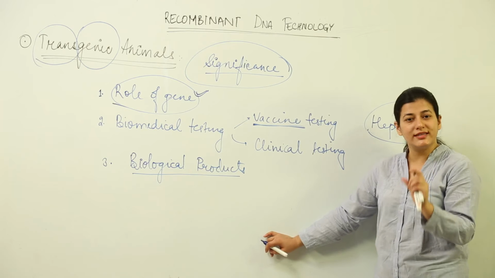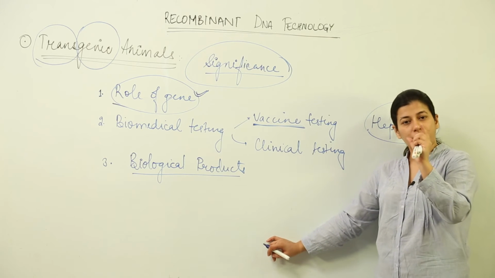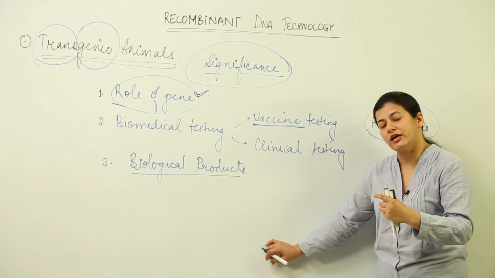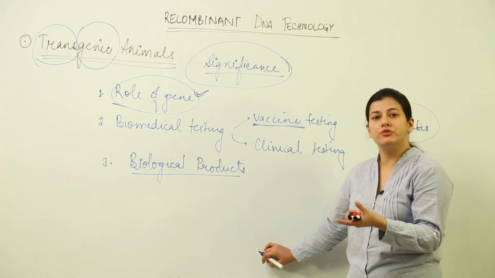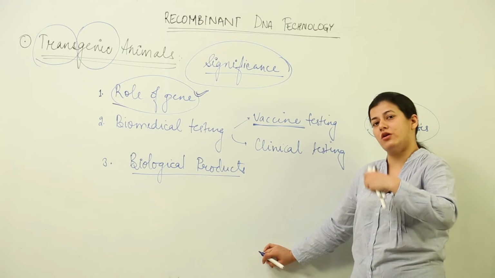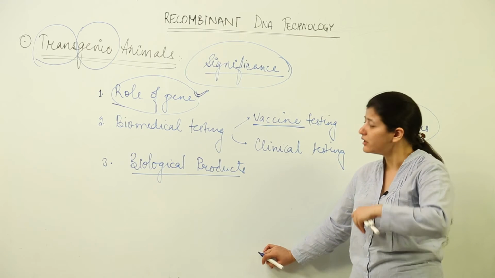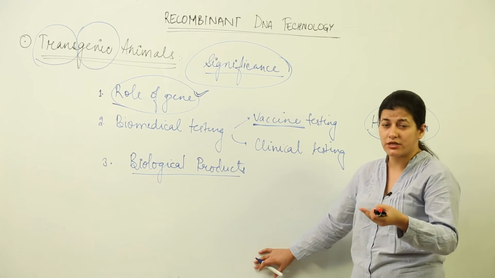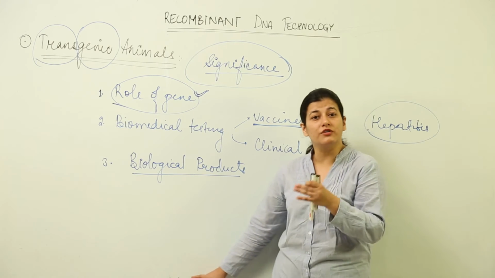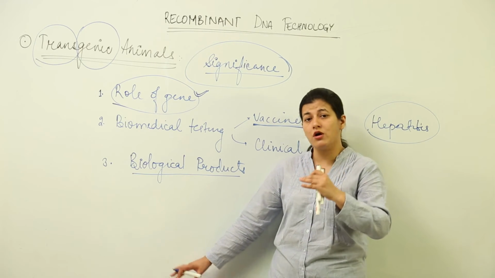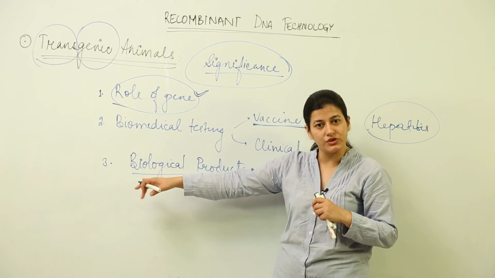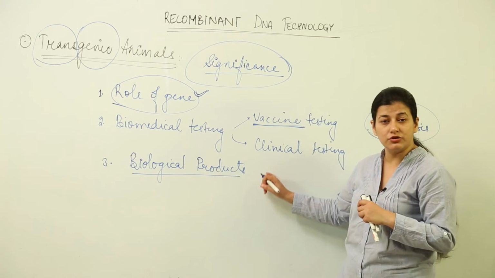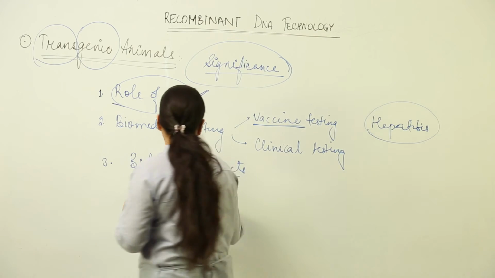I am just giving you an example, that you get some biological product which is not otherwise available through animal produce itself. And you know, animals usually form a big chunk of the food that humans consume. So that could become part of human consumption, and the biological product that could be needed would be produced by transgenic animals only.